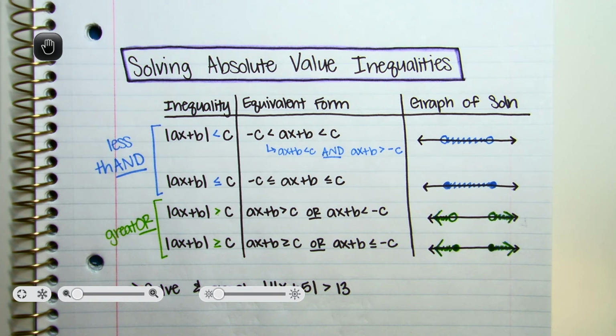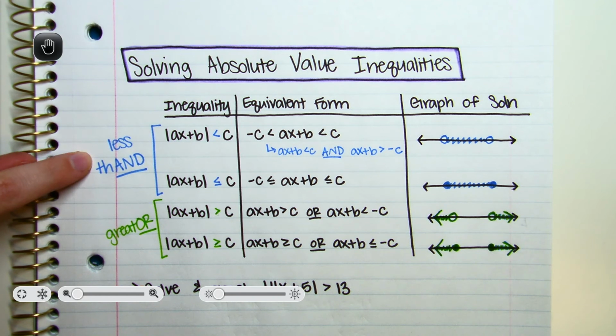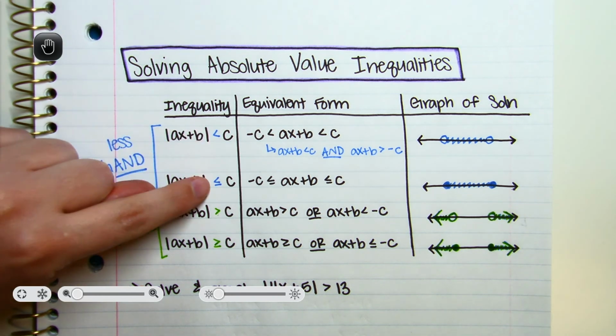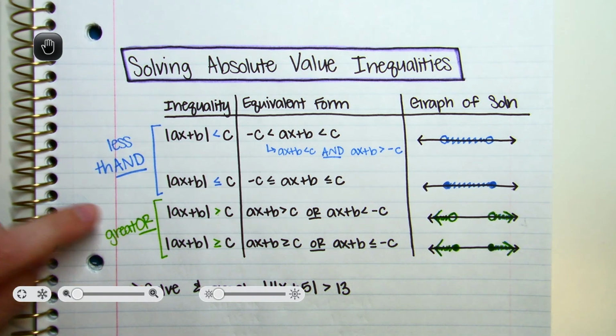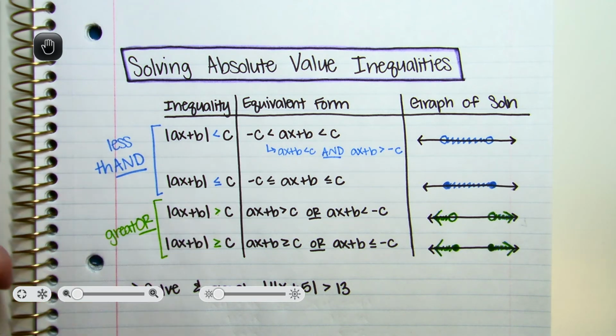All right, so now getting into the new stuff, solving absolute value inequalities. There are two different kinds. You can go ahead and pause this and copy down this chart, but there are two different kinds, either less than, which is the less than and less than or equal to symbol, and greater, which is the greater than and greater than or equal to symbol.